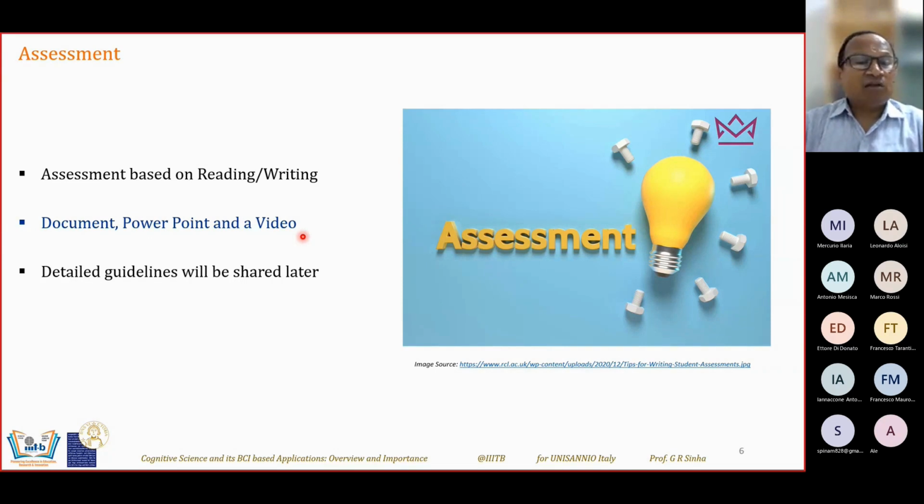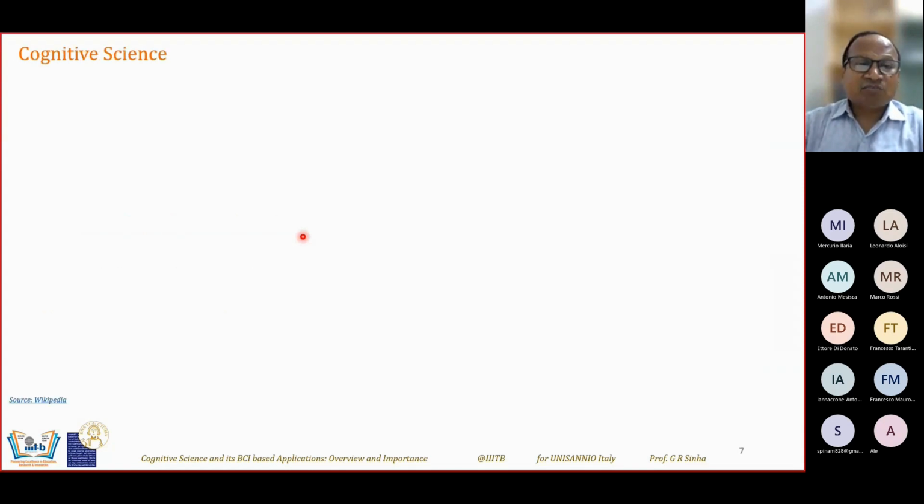Detailed guidelines I'll be sending you later, after maybe the second or third lecture. I'll be sharing the details of the assignment, and those who are interested can express their interest and enhance their research writing skills. So that is the objective of the assessment, which is purely optional.